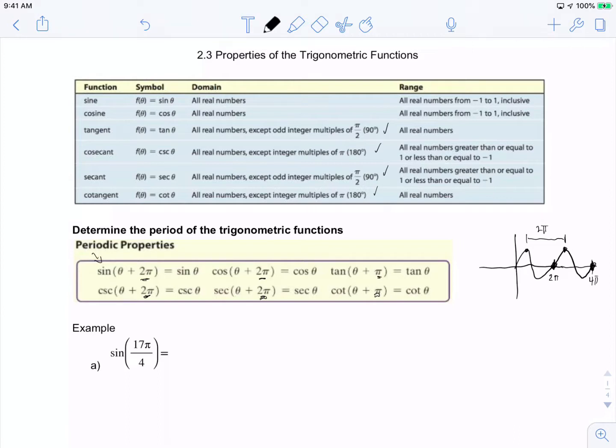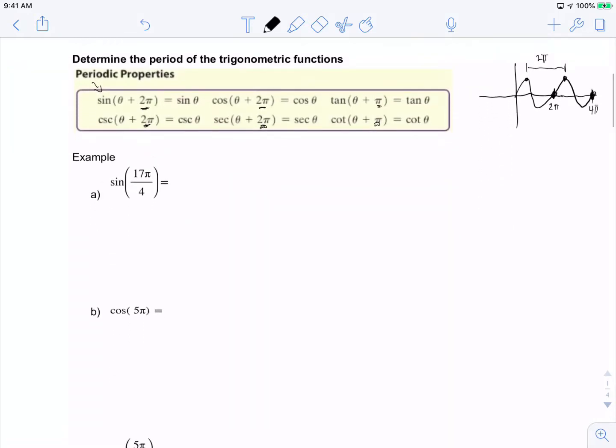So let's do some examples algebraically, and then from there we'll move forward. So with sine of 17 pi over 4, what we want to do is try to break this down in terms of sine's period. We know that the period for sine is 2 pi, so we want something that's a multiple of 2 pi. So I'm going to go sine of pi over 4 plus 16 pi over 4.